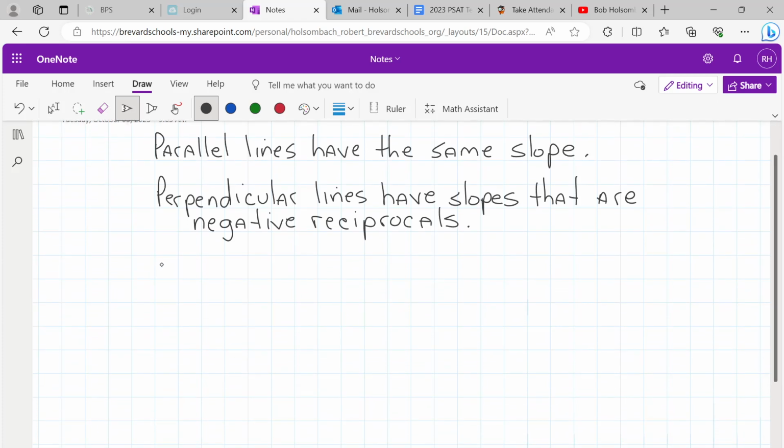So we're going to do a little table. In this first column of the table, we're going to call it line 1, line 2, and relationship.